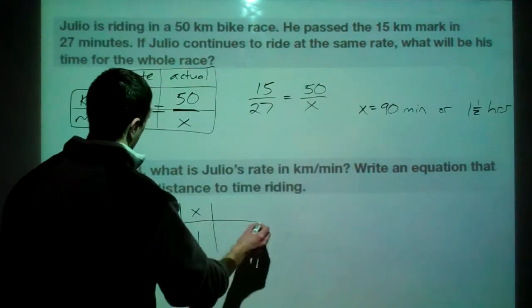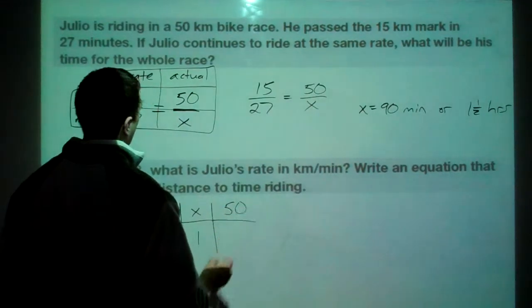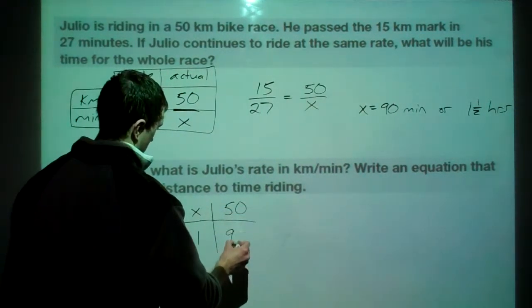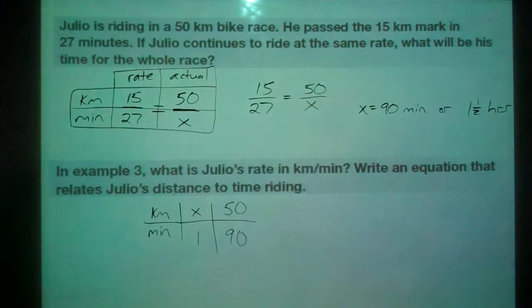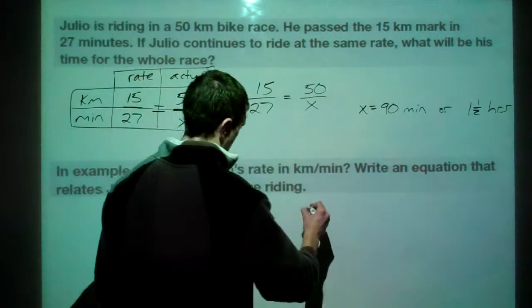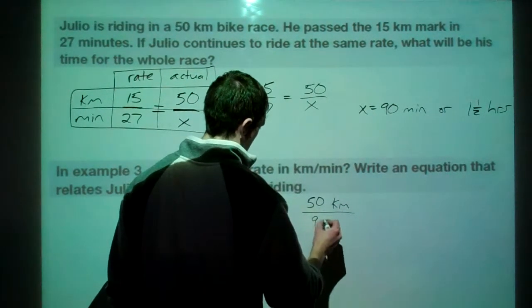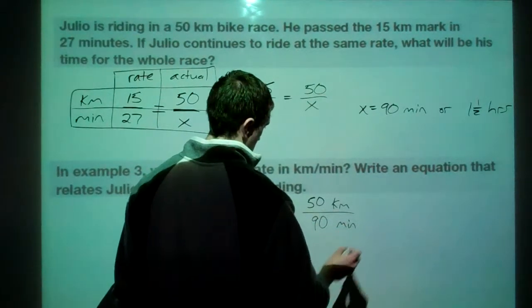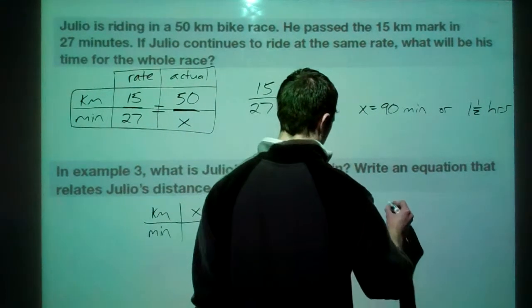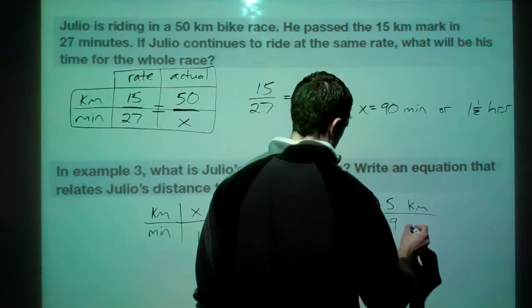And we know that he can do, let's take 50 kilometers in 90 minutes. Alright? So, really what we're going to do is say, okay, let's reduce this fraction. We've got 50 kilometers in 90 minutes. That reduces to 5 kilometers in 9 minutes.